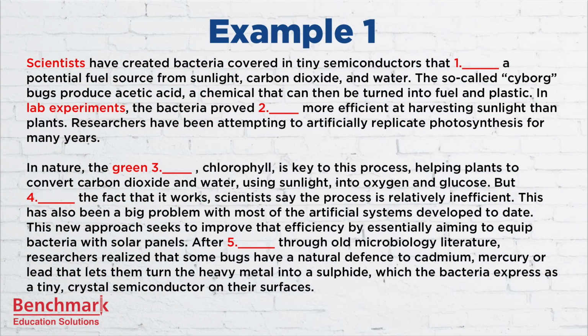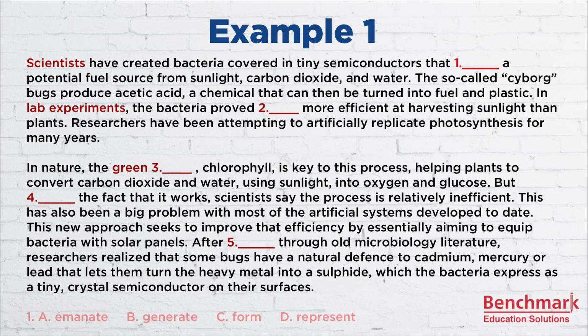However, before I read the sentence, I want to take a look at the answer options: emanate, generate, form, and represent. Reading these answers first prepares my mind for the sentence I'm about to read. I see that these answer options are all verbs, which gives me a clue to the missing word.